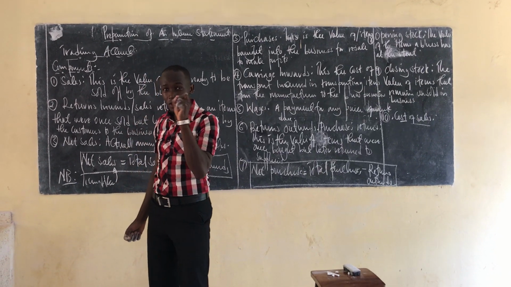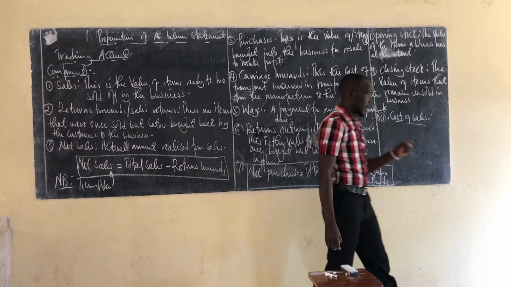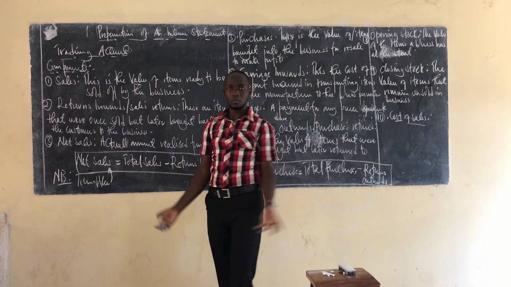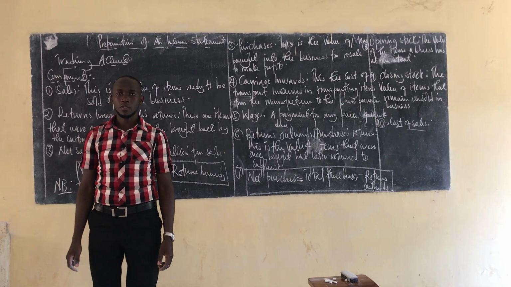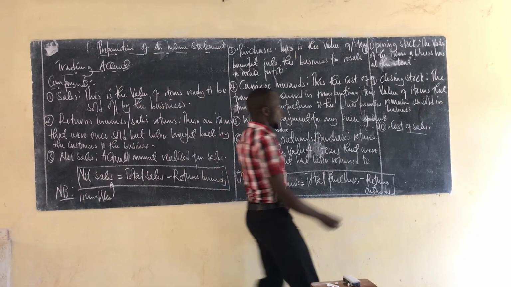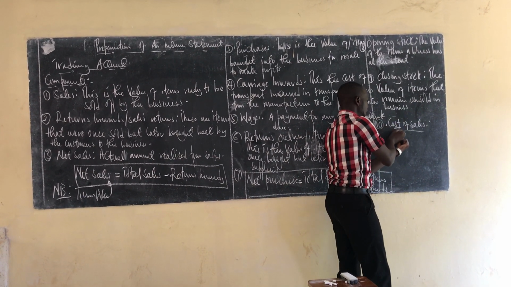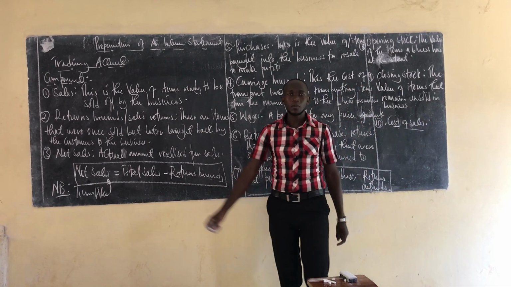That's what we call the cost of sales. The amount of money incurred in making all the total purchases and having the sales stand is what they call the cost of sales. So if somebody says cost of sales, it implies the amount of money you incur in sustaining these sales in the business.